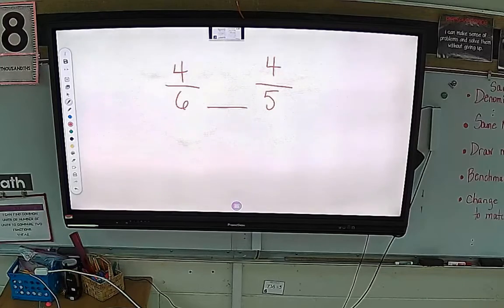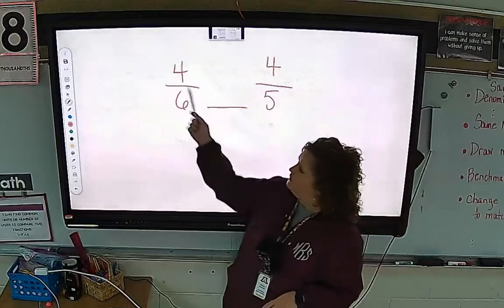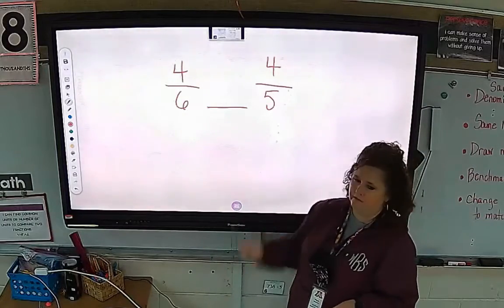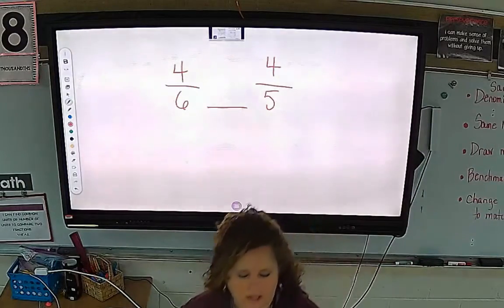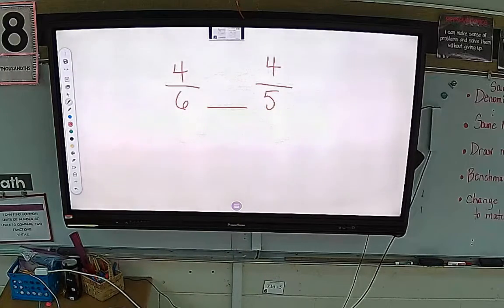Valerie, what do you think? Look up here. Do they have something the same? They have the same numerator, so we're going to look there. I've got 4 of these, and I've got 4 of these. How am I going to know which one is larger? Ishmael?